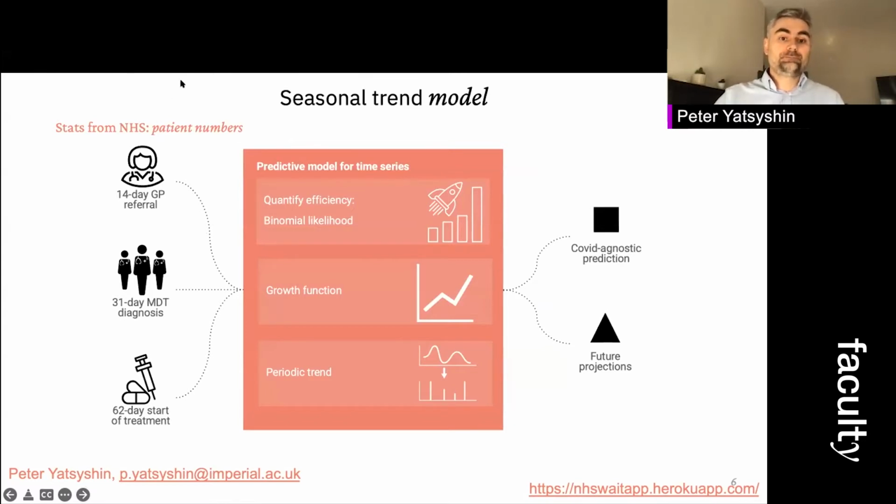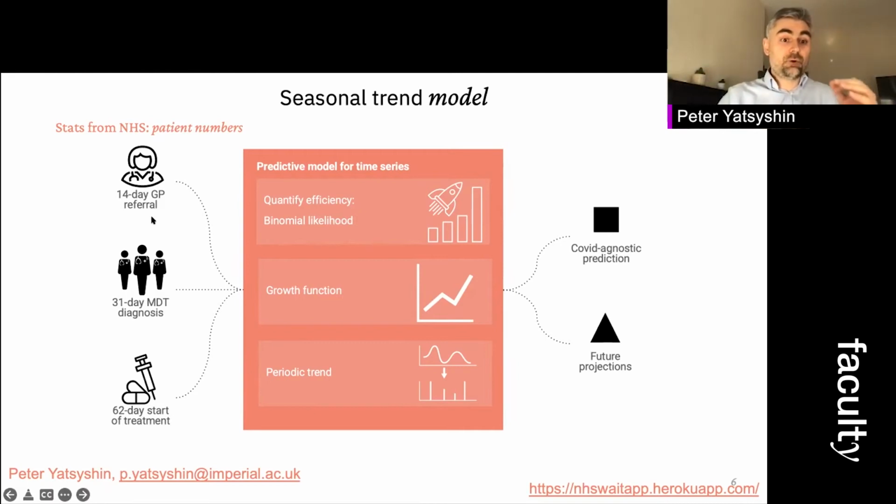So first of all, briefly about the model. It's a seasonal trend model that we built. What was our data? NHS publishes certain numbers. In fact, it publishes the three key stages of a cancer patient's route and whether it was successful according to its own standard in processing the patient.